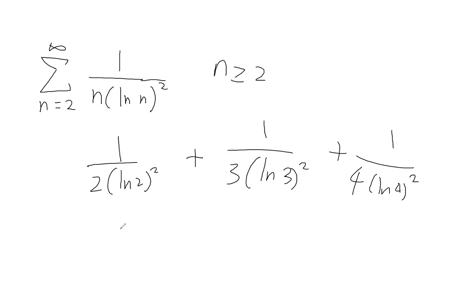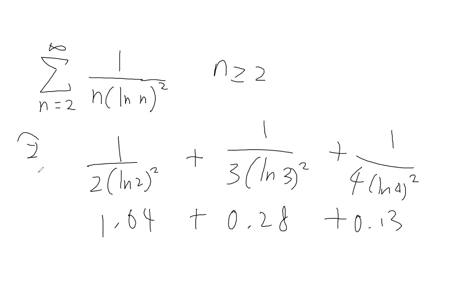So you get something like 1.04 plus 0.28 plus 0.13. This one might be easier for you since you have a normal calculator. So yes, this is positive, right? And we don't get any number which is undefined, and it is a decreasing number. So it satisfies the conditions to use the integral test.